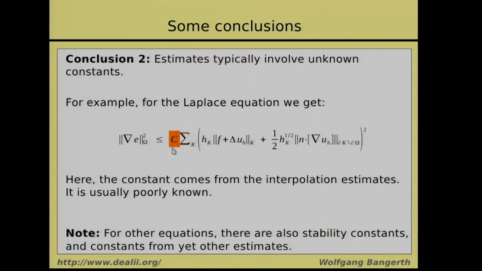So you have an upper bound for this constant, and that means that if you put the upper bound into the error estimate, you will be able to guarantee that the error is less than something. But the something is going to be far, far bigger than the actual error, because the constants that appear in there are poorly known. And the more of these estimates you have, in addition to just the interpolation estimates, the worse these constants become. So from a practical perspective, this constant C really is a nuisance.